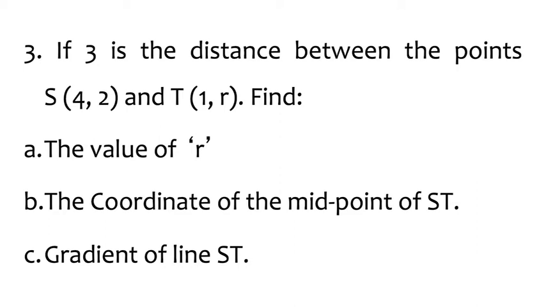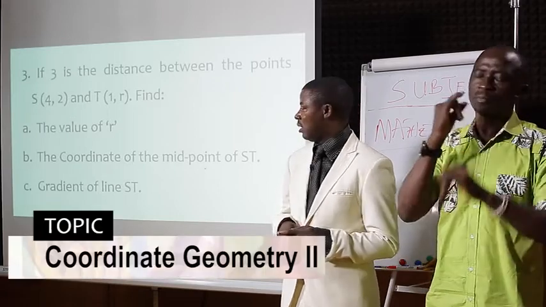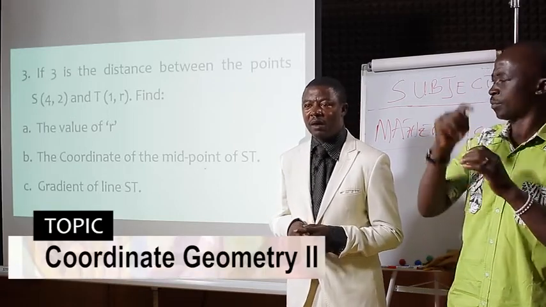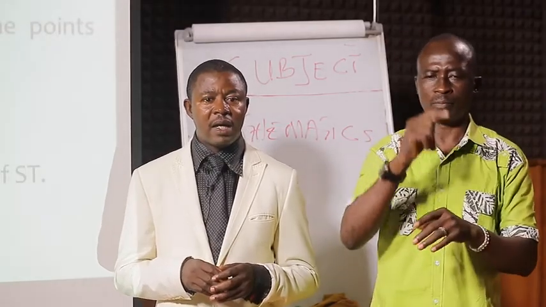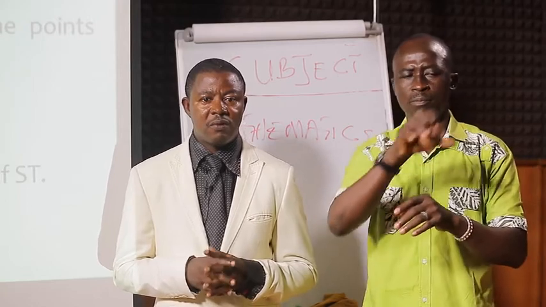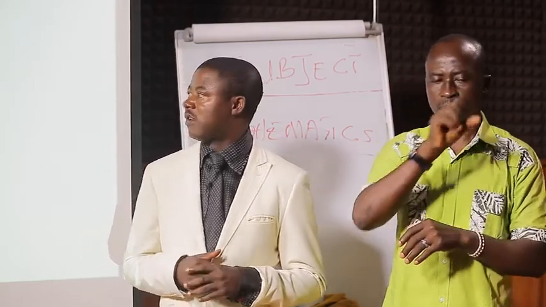Find A, the value of R. Then B, after getting R, find the coordinate of the midpoint of line ST. And finally C, we are expected to find the gradient of line ST.